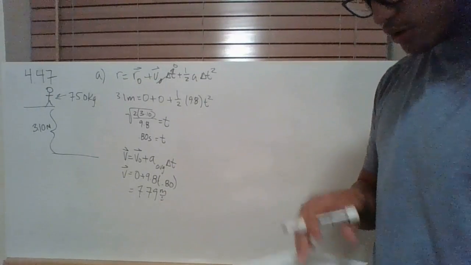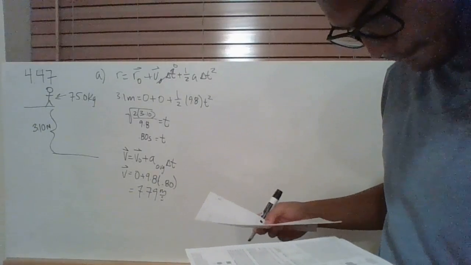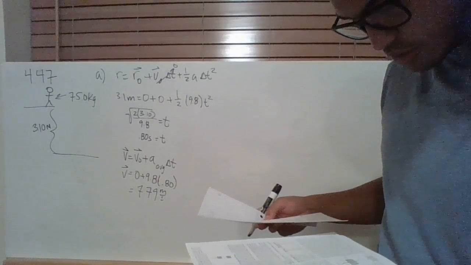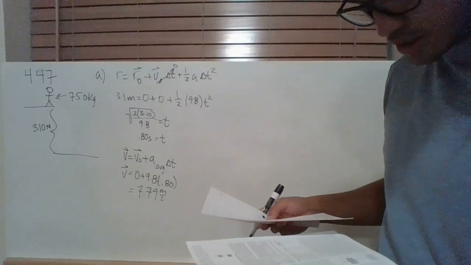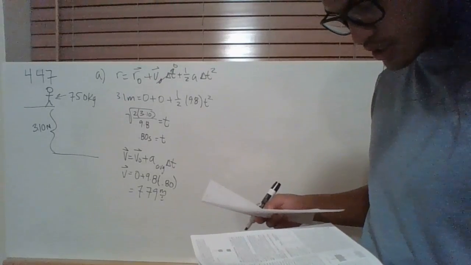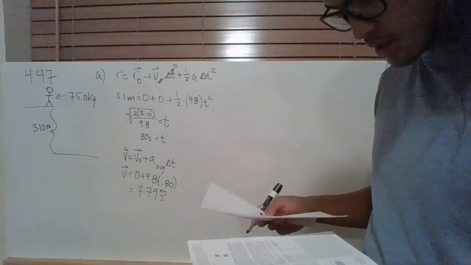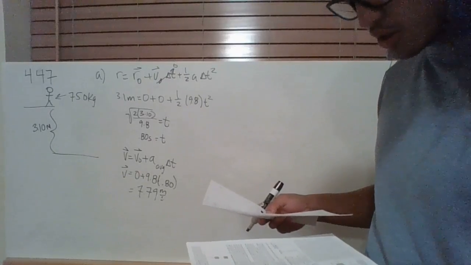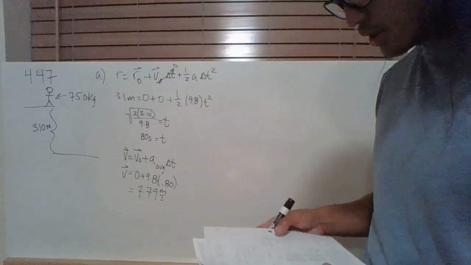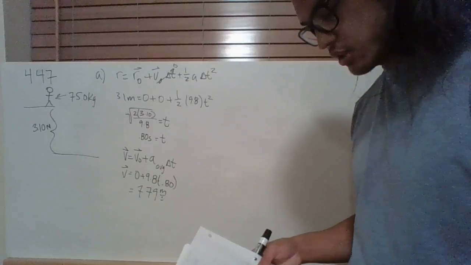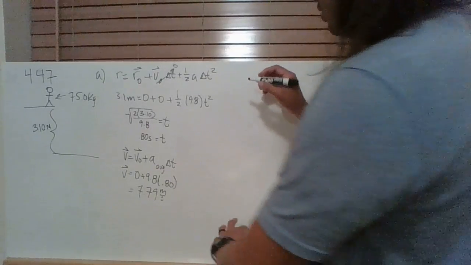Alright, so for part B, it says if we treat the man as a particle, what is his acceleration, magnitude and direction, as he slows down if the acceleration is assumed to be constant? That's kind of important, assuming that the acceleration is constant, because that's going to allow us to use this.